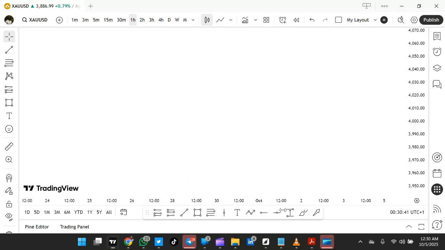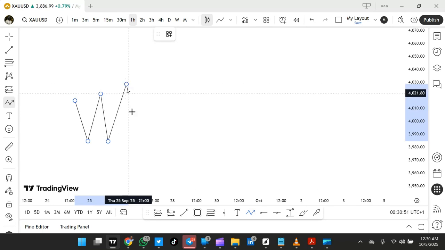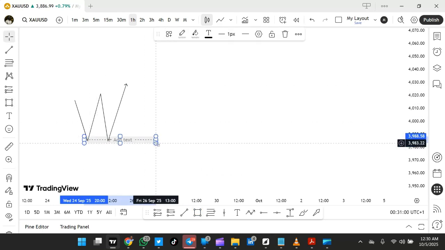Now, let's talk about support level. Let's say price has been going up, it will come, bounce, come, bounce, right? So let's say price bounces once, first touch, second touch. Now what are you anticipating?